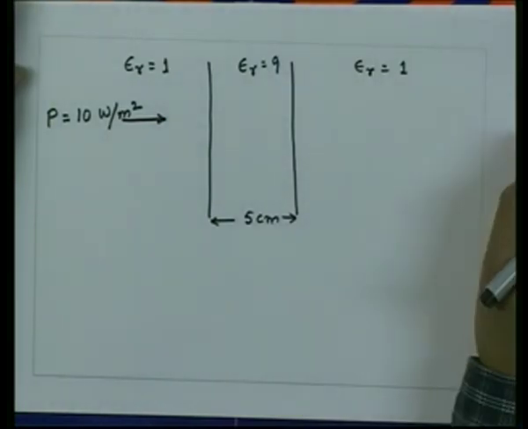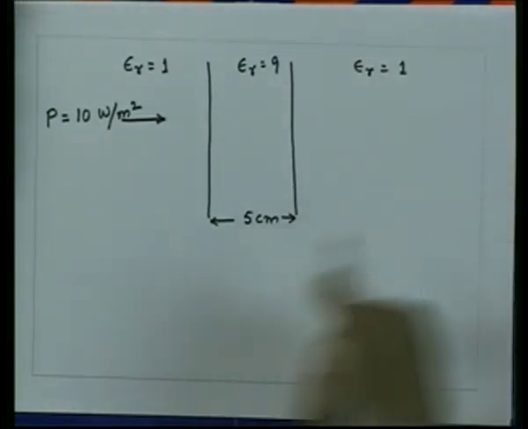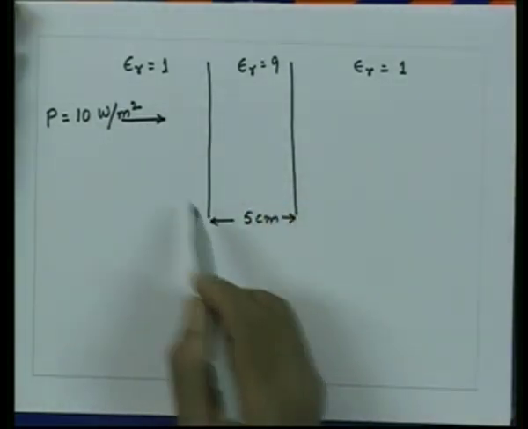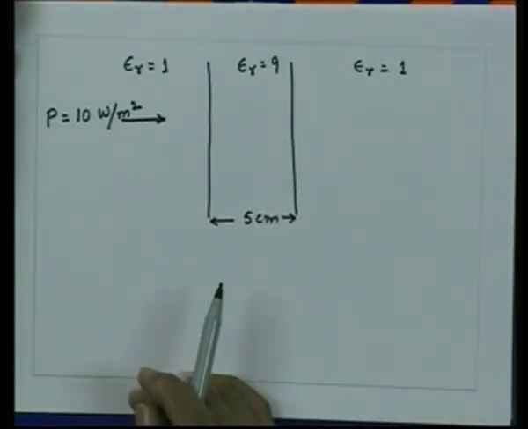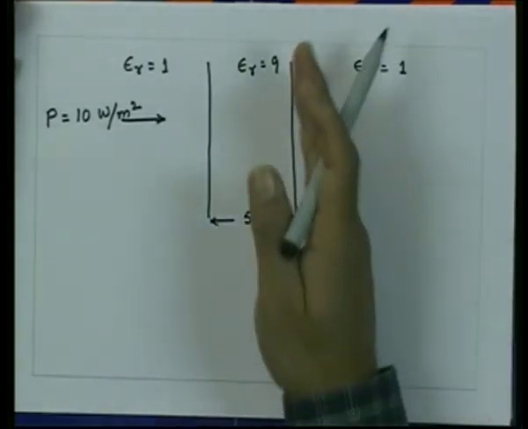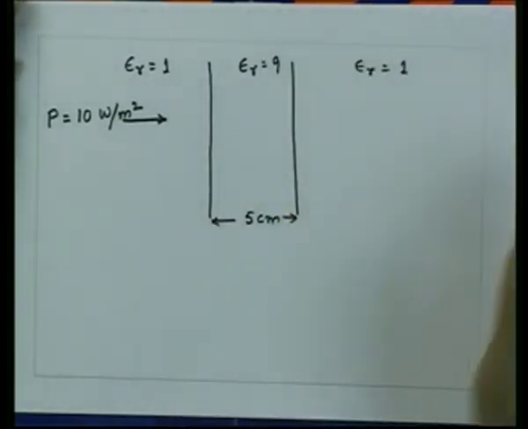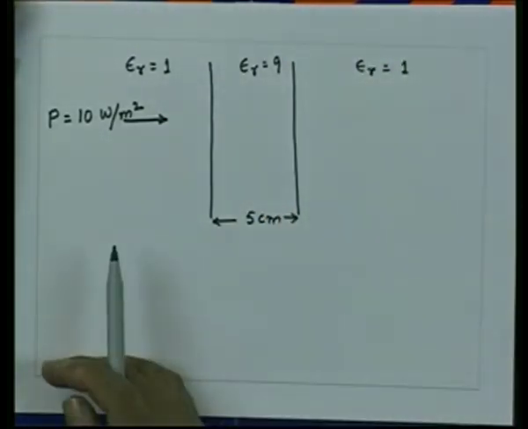This problem can be solved in many ways. One is, since this is a normal incidence, we can treat it like a one dimensional problem. So, we can treat it as if you have a medium here which has a certain impedance, like a long transmission line.